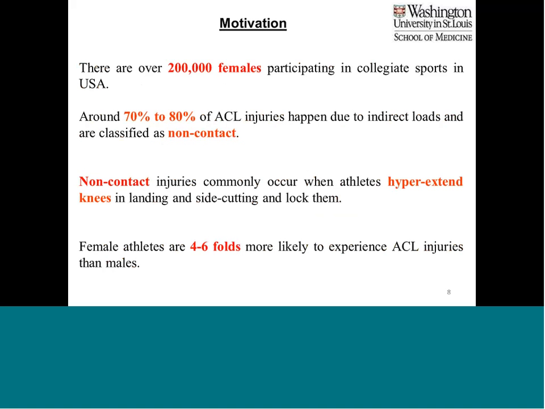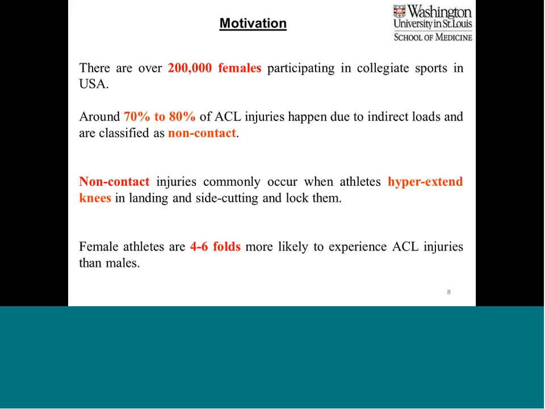Why was I motivated to undertake this project? The background is that nearly 200,000 females participate in collegiate sports. These are young female athletes, mostly under 25 years of age. About 70 to 80% of those who injure their ACL do it due to indirect loading that is classified as non-contact.